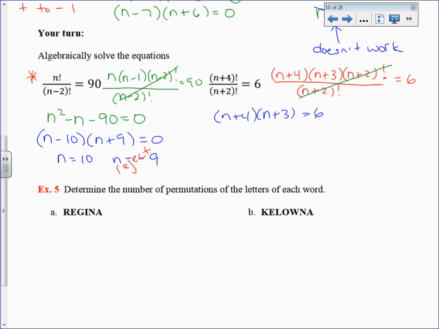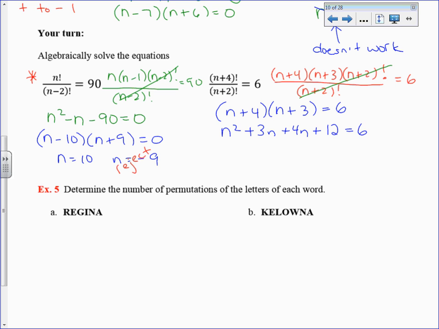Right, and I have to FOIL. So n times n is n squared. N times 3 is 3n. 4 times n is 4n. 4 times 3 is 12.